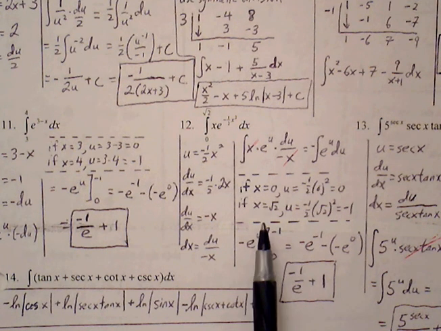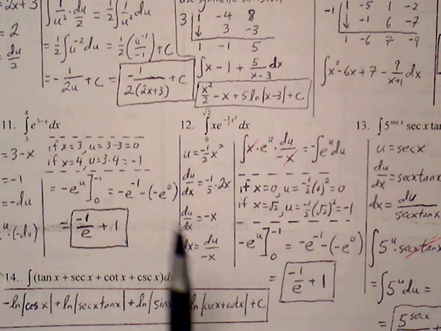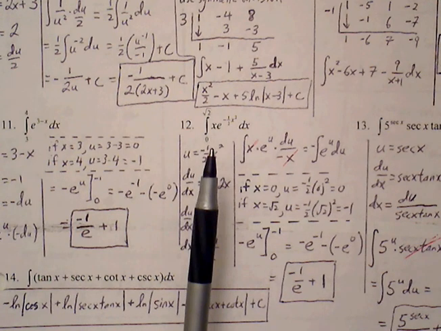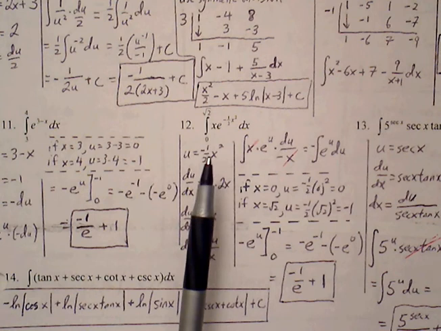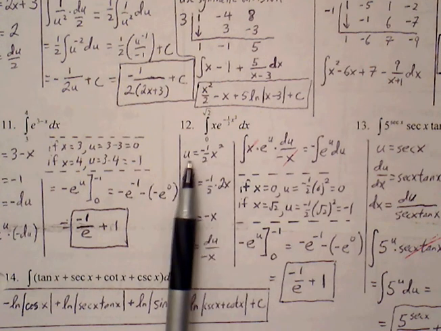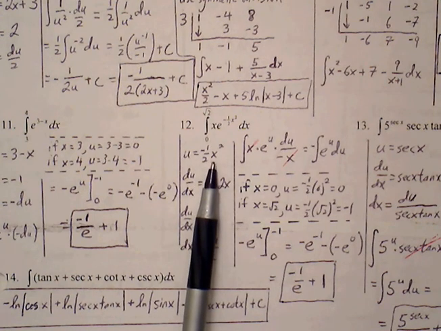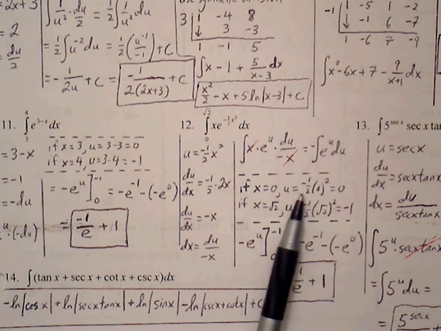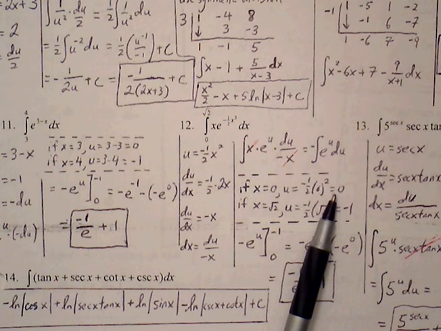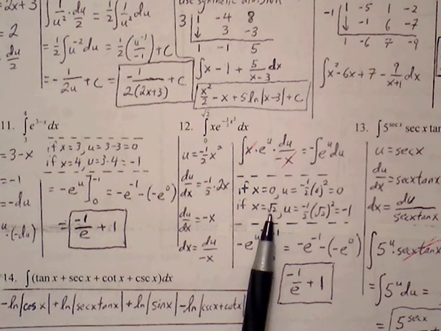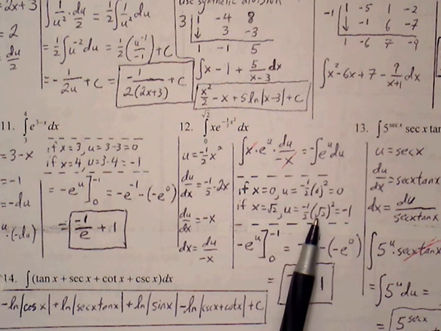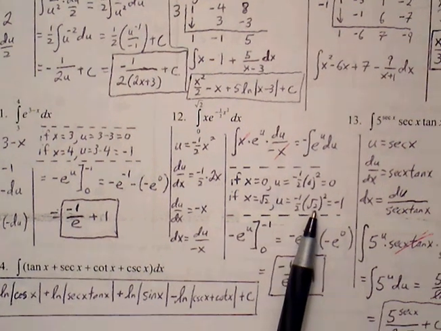Our old lower bound, plug in for x, that relates into the equation that relates the two variables. Plug 0 in for x, and we get u is equal to 0. So the lower bound is not going to change. Plug root 2 in for x, and we get -1/2 times root 2 squared, which allows the 2's to cancel out, leaving us with a new upper bound of -1.